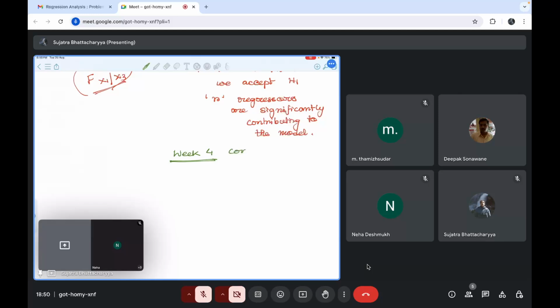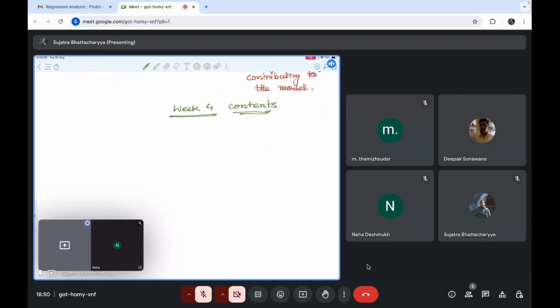Week 4 contents. Week 4 is particularly based on selecting the best regression model.